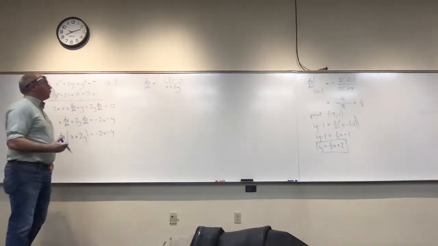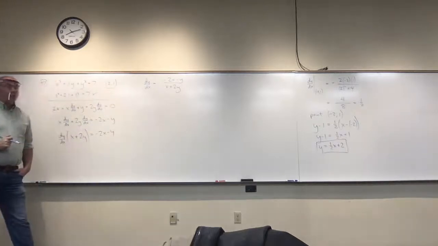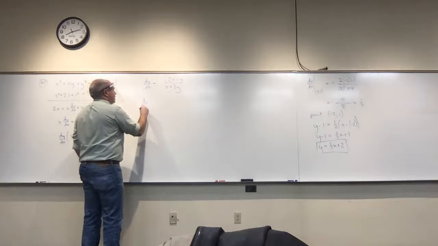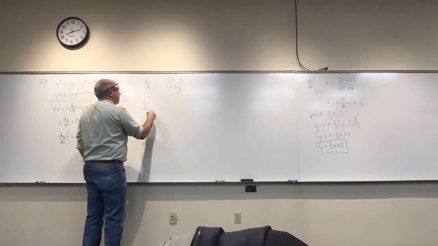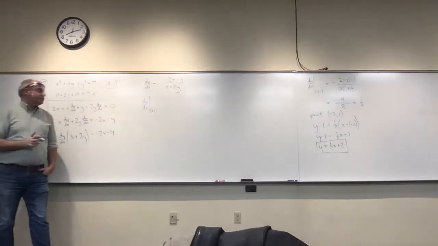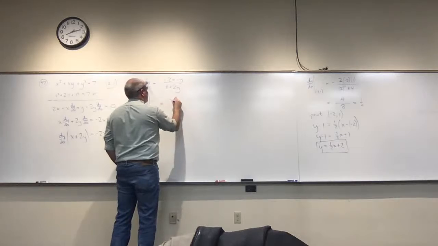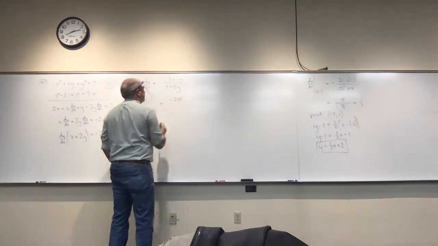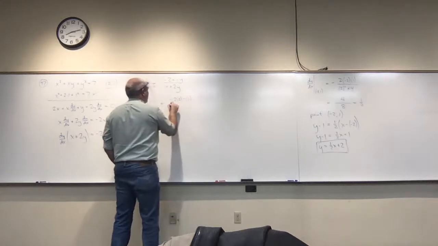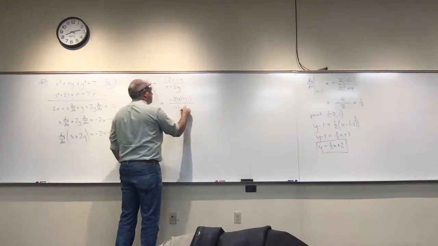Now I just need to say, well, what point do I care about? The point that I care about is (2, 1). So I'm going to say, what's dy/dx evaluated at the point (2, 1)? So x's are 2's, y's are 1's, and I get negative 2 times x, which is 2, minus y, which is 1, over x, which is 1, plus 2 times y.